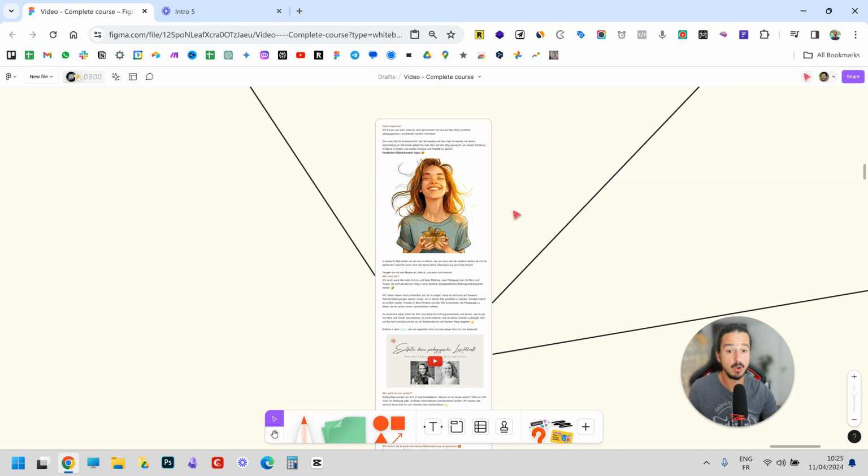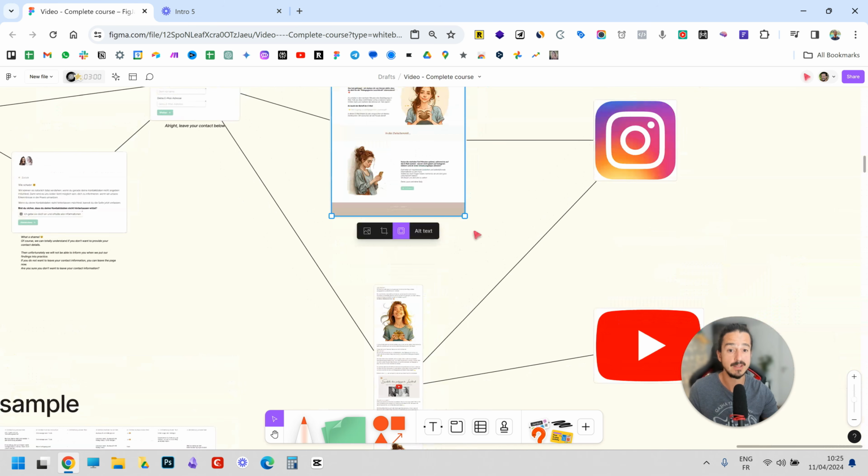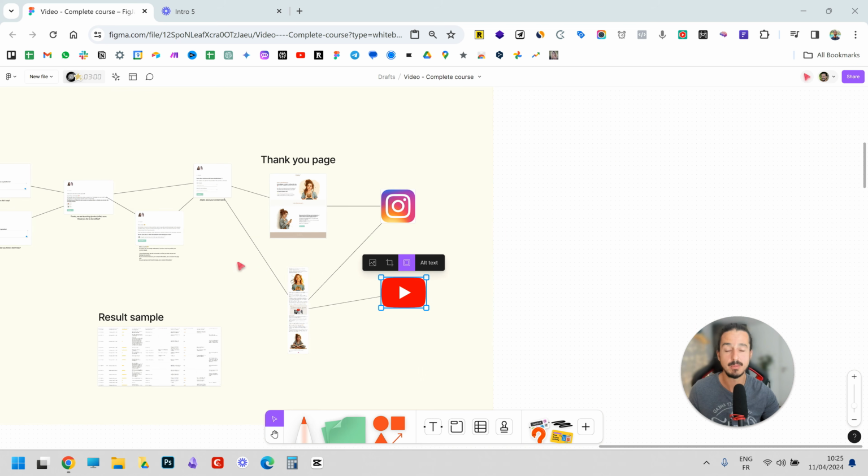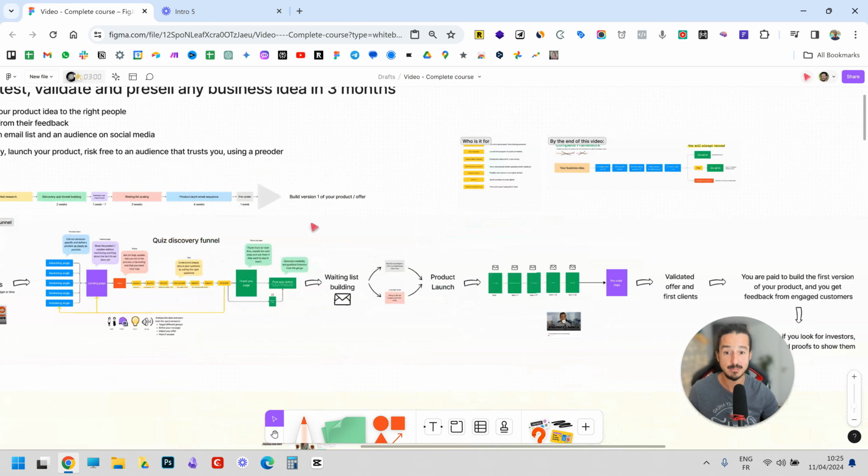But also let them know again that if they want to stay in touch, they can come and say hello on Instagram or simply subscribe to the YouTube channel, or whatever other platform you want them to subscribe to. Because at the end of the day, the more you build brand assets, the more you have people around in your ecosystem, the better it will be for the next steps.